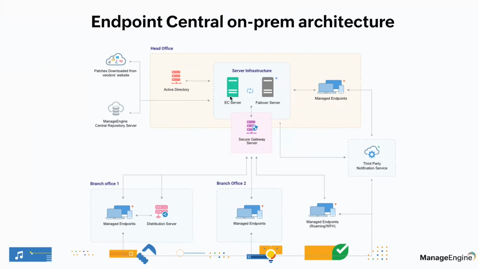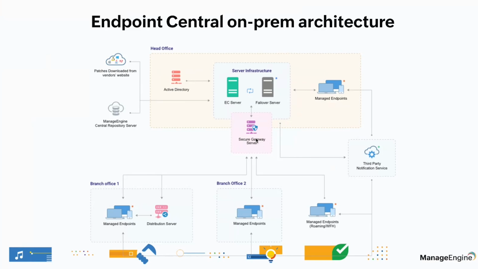So this is where the secure gateway comes into the picture. Here, instead of publishing Endpoint Central, you publish a secure gateway server. You can keep it outside of the network, outside of your domain, for better security. The computers that are outside of the network will reach the secure gateway server first.